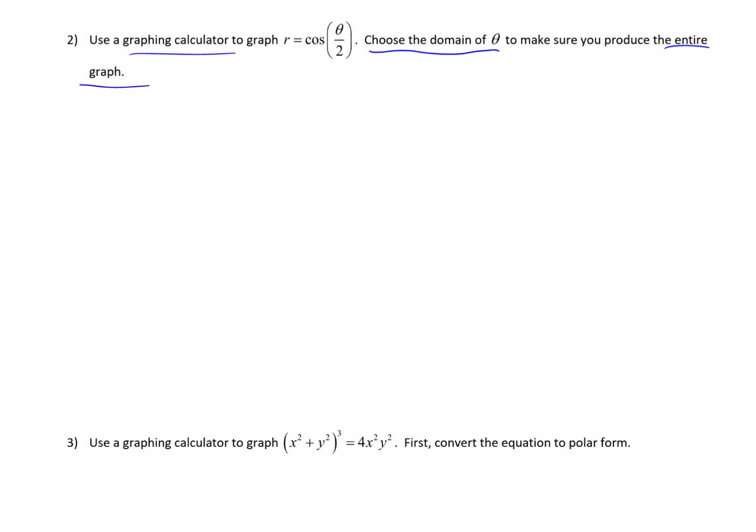Now, since we're working with periodic functions, these trig functions, the question we're asking ourselves is the following.